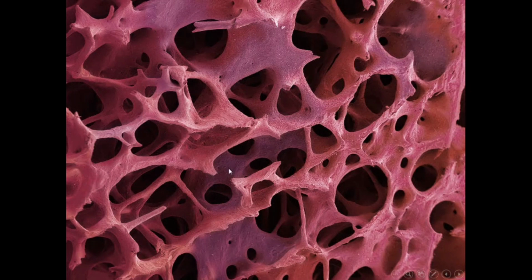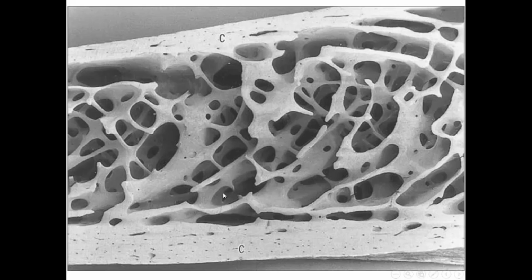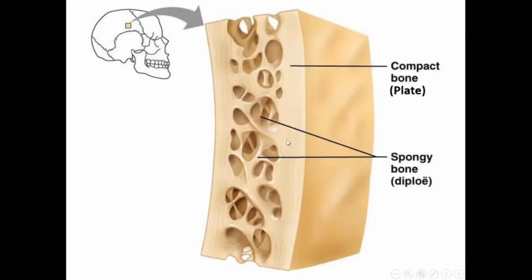All of these cavities are filled by bone marrow, and all of these trabeculae are lined by endosteum. Here you can see spongy bone filled between two compact bones. In the flat bone, the spongy bone between the two compact bone plates is called the diploe.